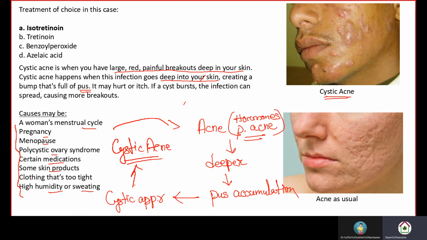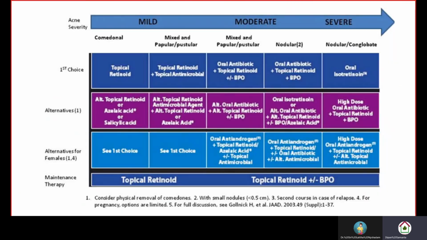The treatment of choice is isotretinoin. We will revise the management of acne in a little more detail. First of all, when there is mild acne, we will go for retinoids.